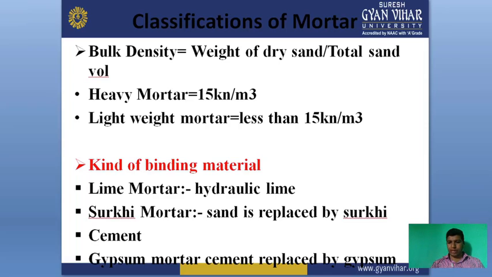Cement is added to lime mortar to increase its strength. The process of adding cement into lime mortar is termed gauging. The gauging process is useful to improve the quality of lime mortar and to achieve early strength. Due to this process, the lime mortar becomes stronger, more economical and dense.